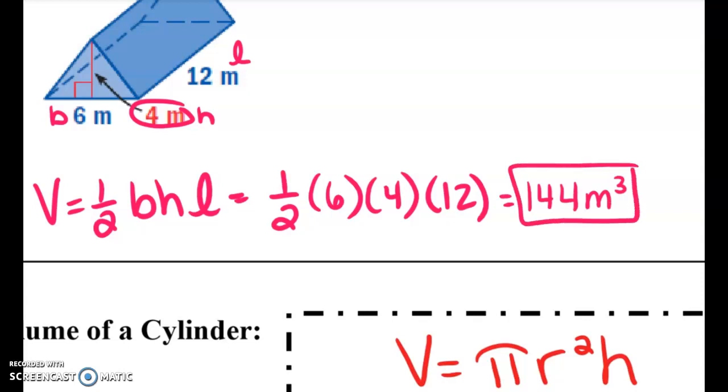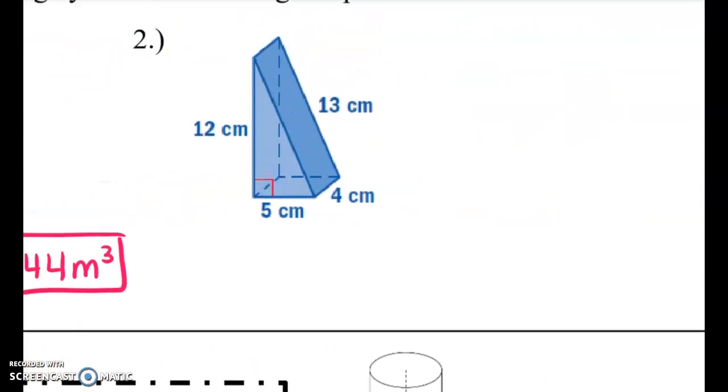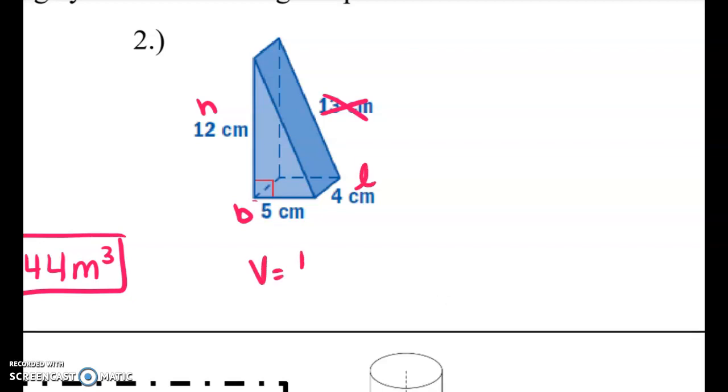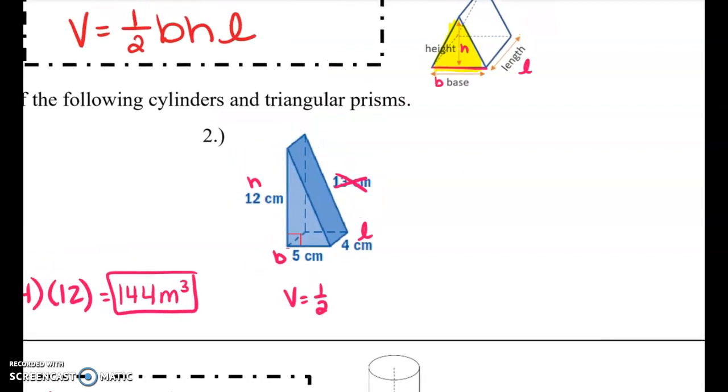All right, over here on my next triangle, so I'm not going to use the 13 at all. That's the distractor. My height is the 12. My base is the 5. And then the distance between, my length, is the 4. So the formula is 1/2. I believe it's base times height, times the length.